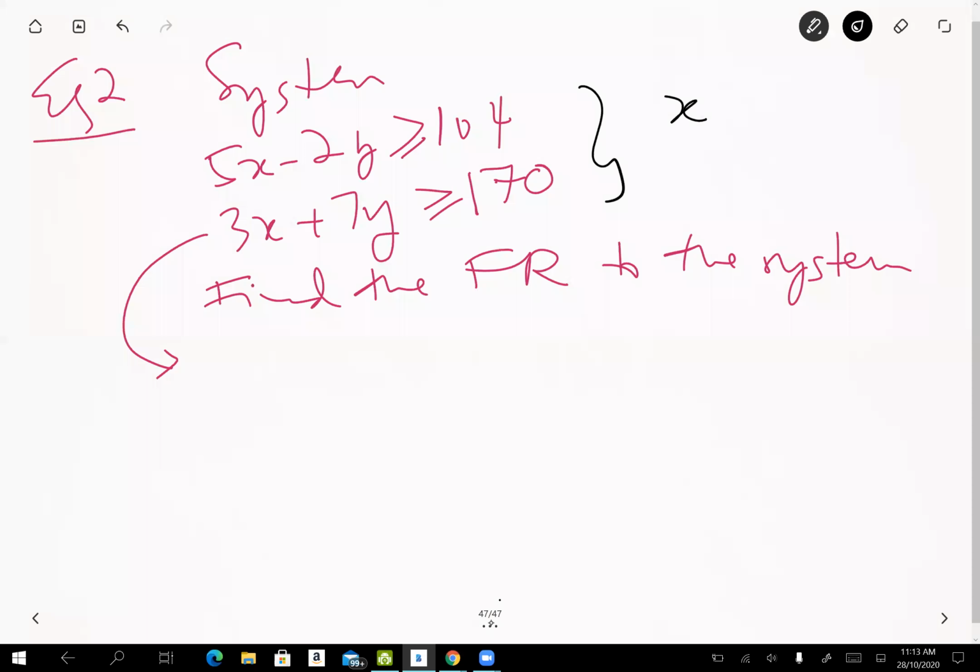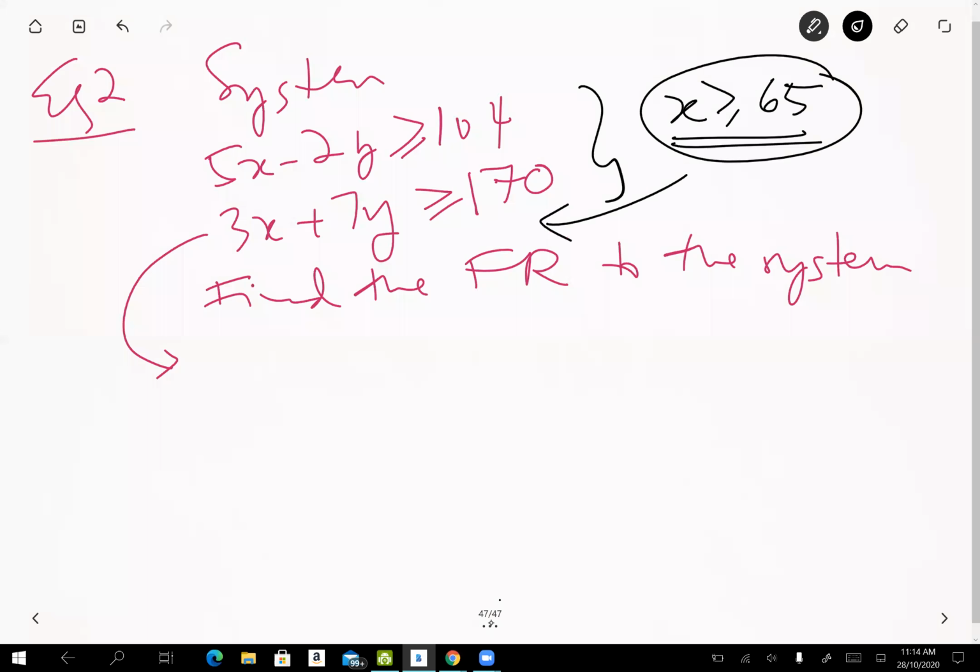x equal to 65. No, not equal to, because that's the equation. If I include x bigger or equal to 65 into the system, then you will see you have a bounded area.